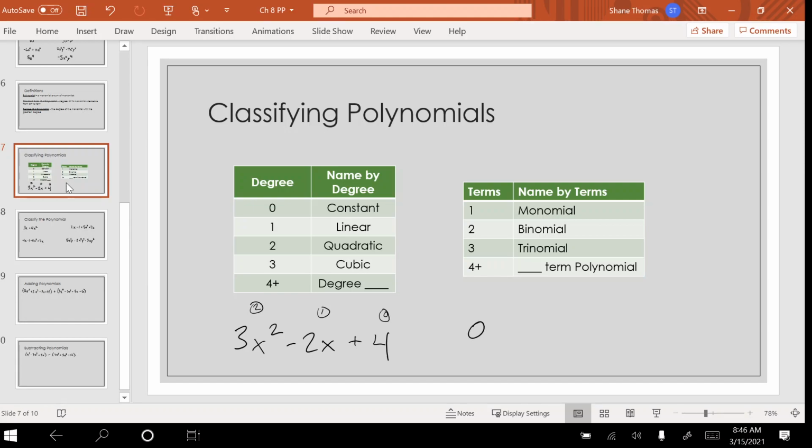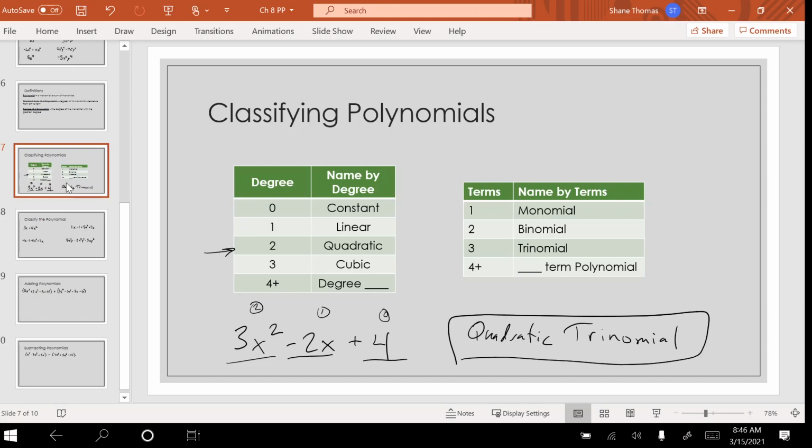So this would be a quadratic, because it's degree 2. How many terms does it have? 1, 2, 3 terms. It's a trinomial. So it's a quadratic trinomial. What's a quadratic trinomial?